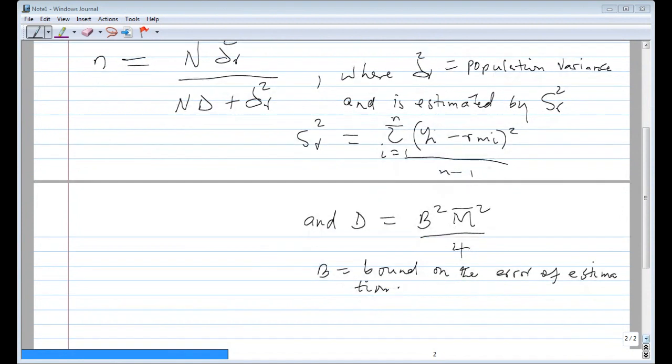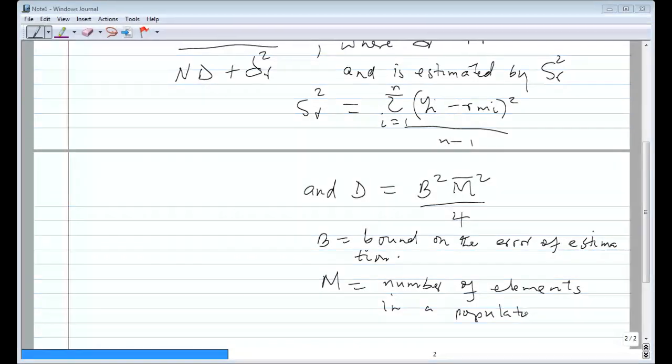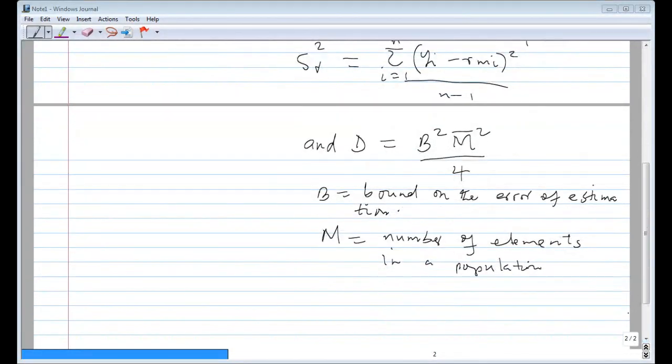What about M? Capital letter M, still recall, is the number of elements in the population. What about N?